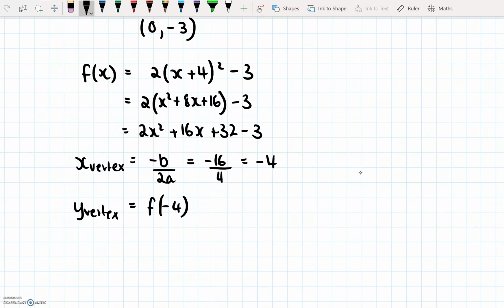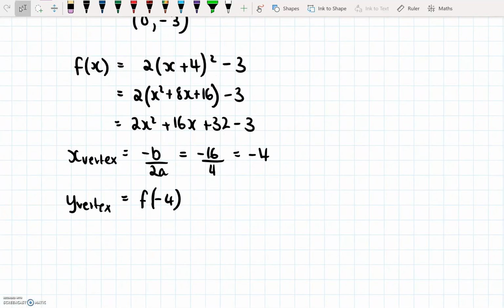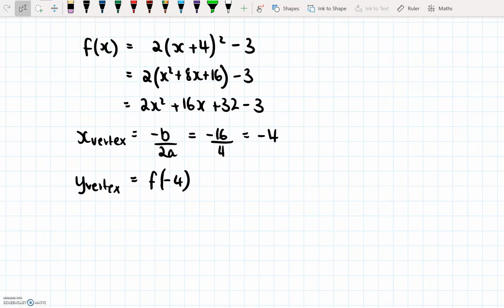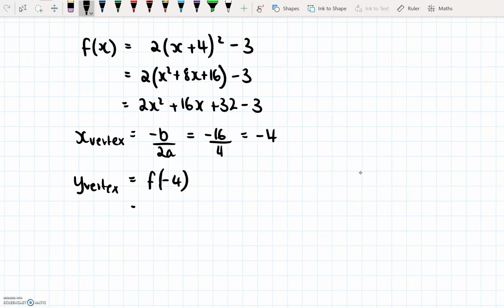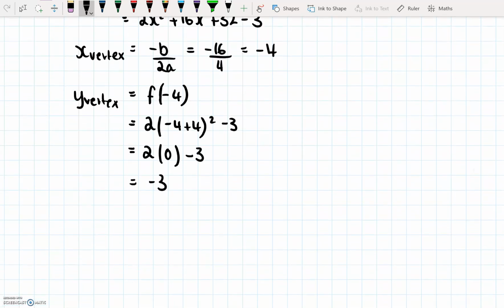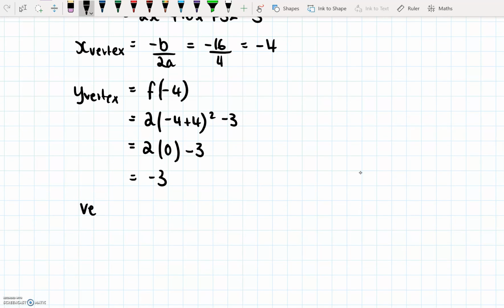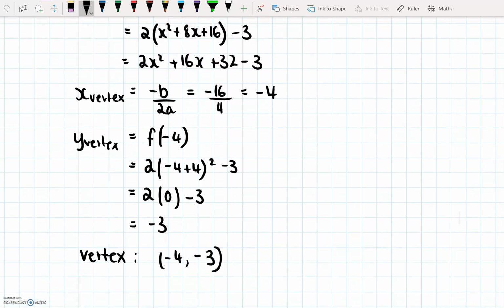Okay, you could substitute it in the quadratic at the end, or you can substitute it into our original formula that we were given. Okay, so it's equal to 2 times (-4 + 4) squared minus 3. Now minus 4 plus 4 is 0, so I've made it another easy one, sorry guys, minus 3. Alright, so it's minus 3. Okay, so our vertex in this case is (-4, -3). Okay, and that's quite nice.